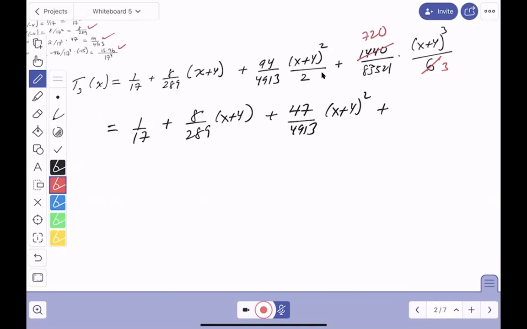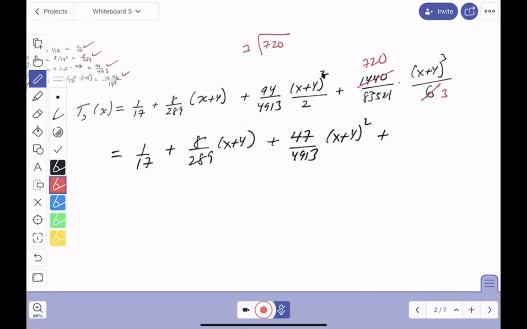By the way, 720 is by 3, 2. I put this down for you, 720, 3 into that, and make sure you know what I'm talking about. 2, 6, 1, 2, that would be 4. So 240 over 83521 times x plus 4 cubed.